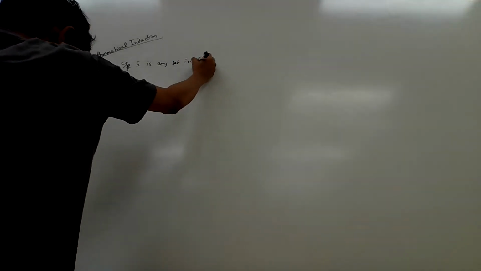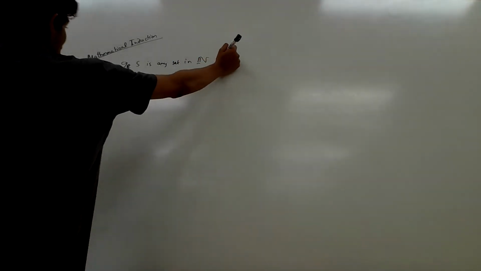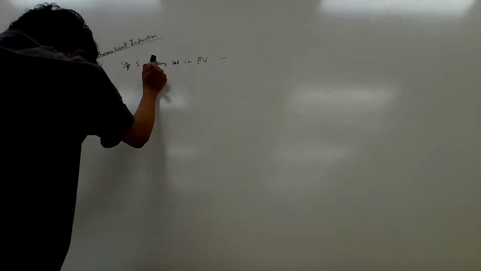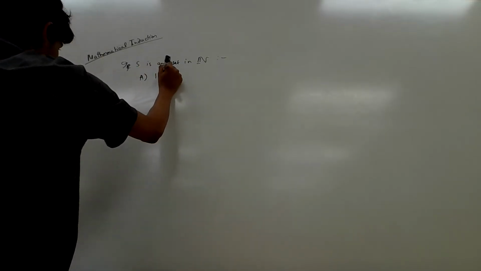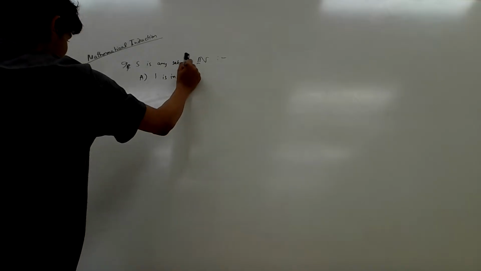Now, the principle of mathematical induction says that if there is a set called S, if S is any set in natural numbers with some properties, with the properties as follows. Number one property would be 1 is in S. So 1 is contained in S.